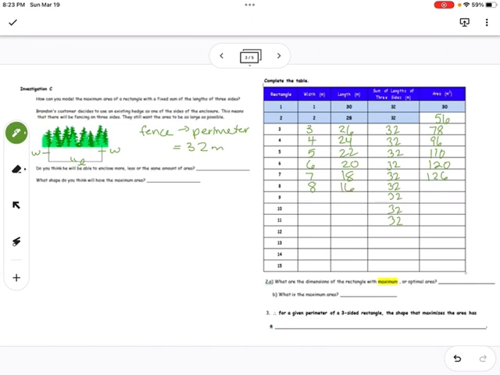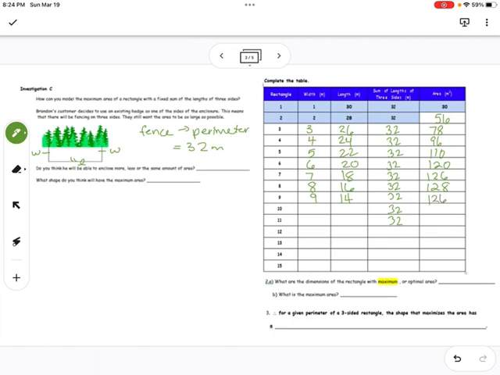And 8 times 16 gives us an area of 128. Next option, width of 9. 9 plus 9 is 18. 32 minus 18 gives us 14. 9 times 14 is 126.